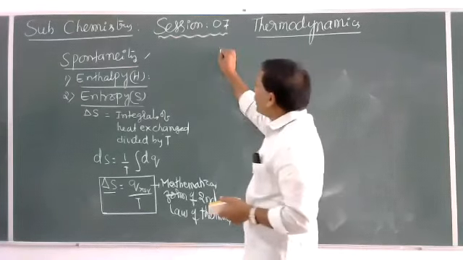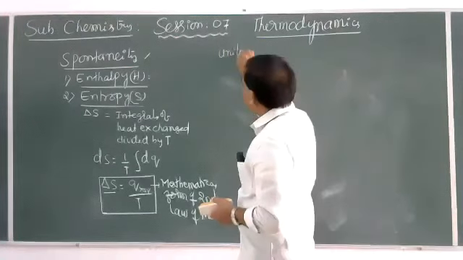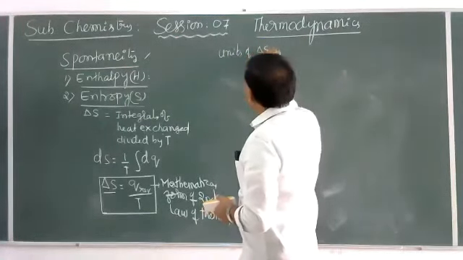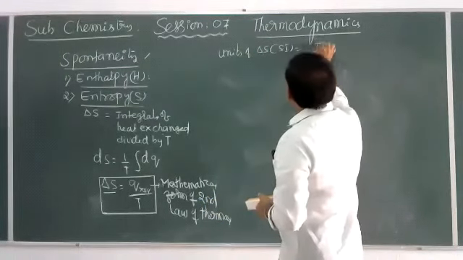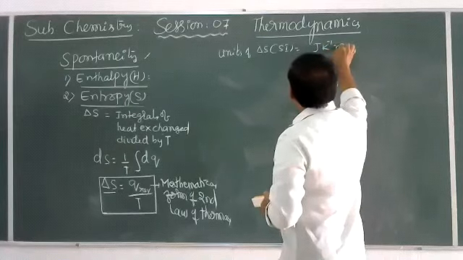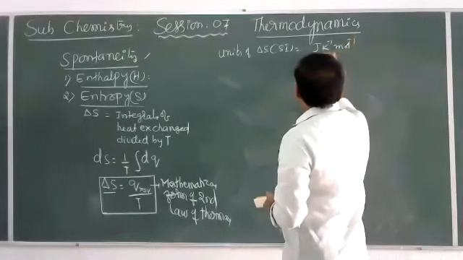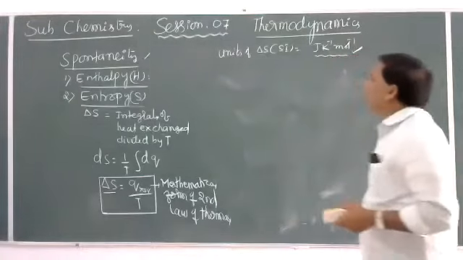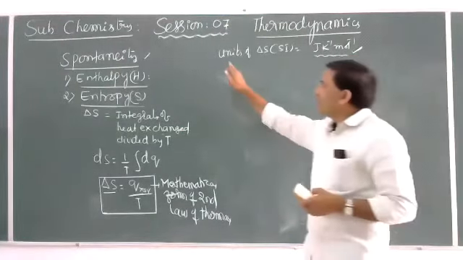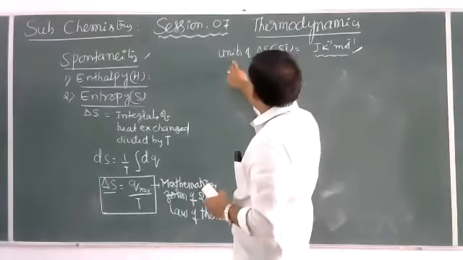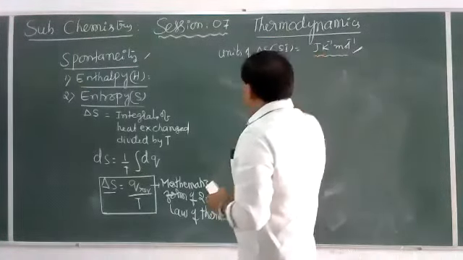That's why the SI unit of delta S is joules per Kelvin per mole. These are important units for change in entropy of the system.